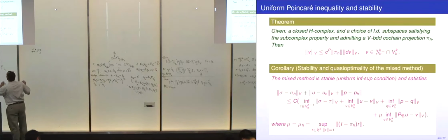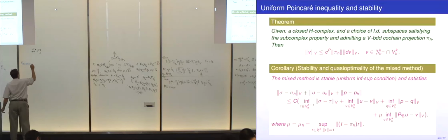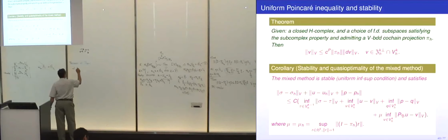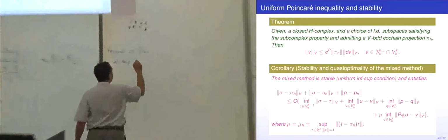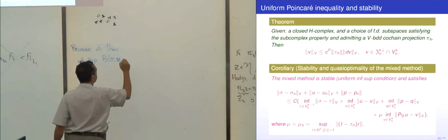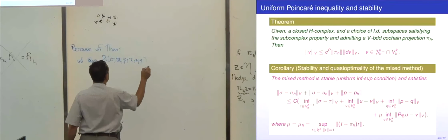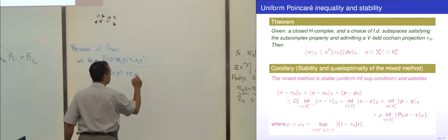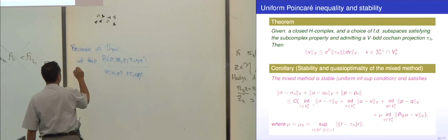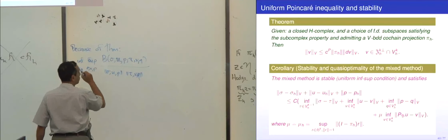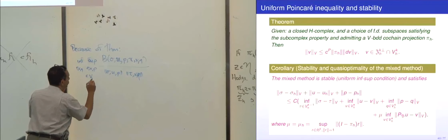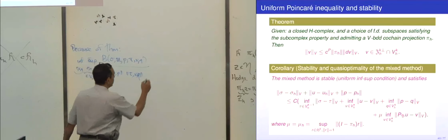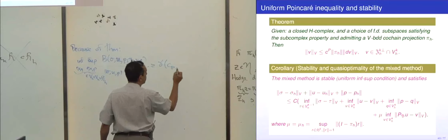So because of the first theorem, we have that the inf-sup condition for the B form, B(sigma, u, p; tau, v, q), now in the subspaces V_h cross V_h cross H_h, and for both of them, is greater than gamma that depends only on C_p and pi h.